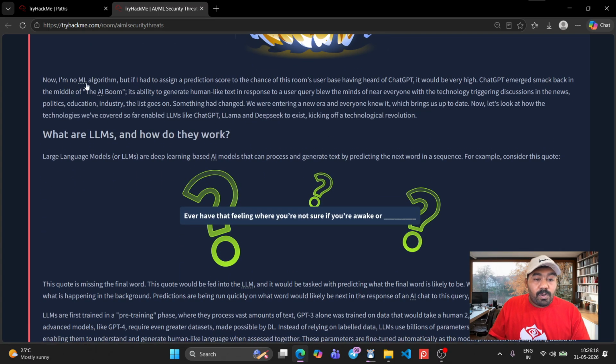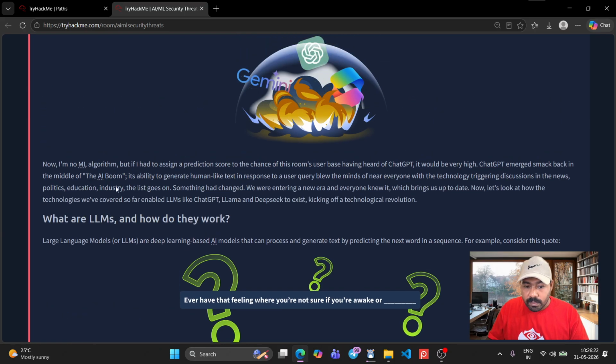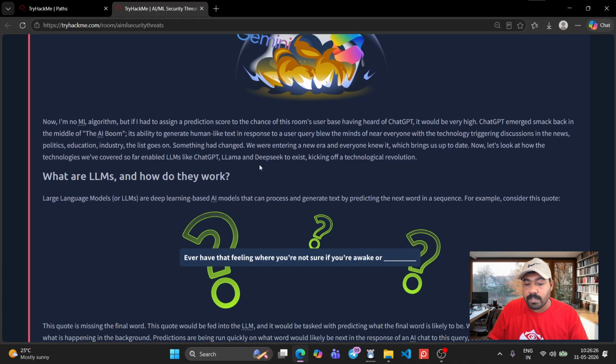Now, I am no ML algorithm, but if I had to assign a prediction score to the chance of this room's user base having heard of ChatGPT, it would be very high. ChatGPT emerged smack back in the middle of the AI boom.